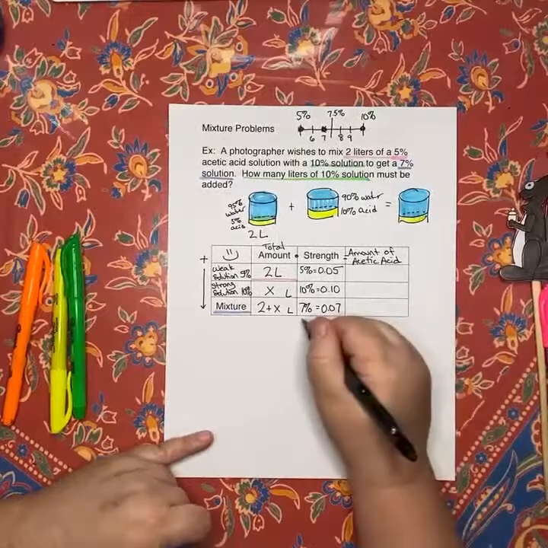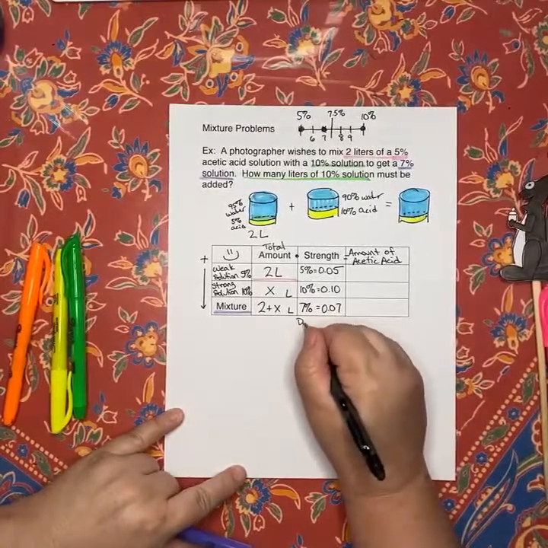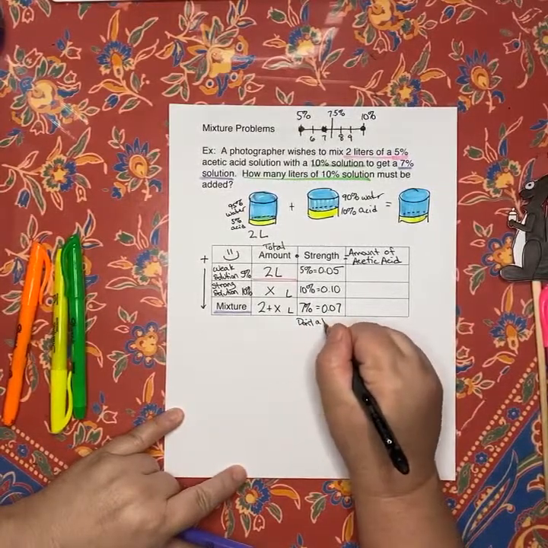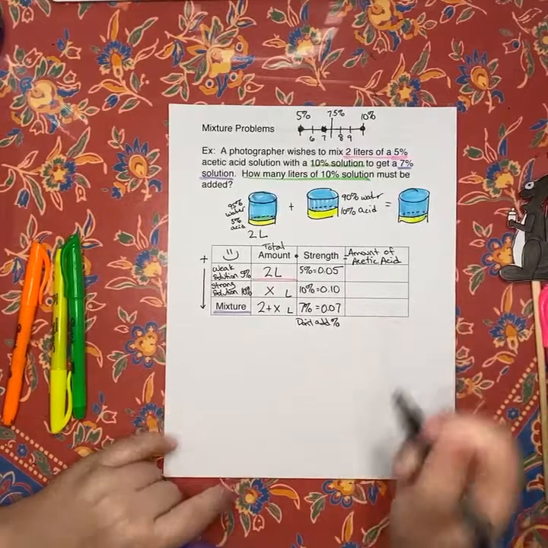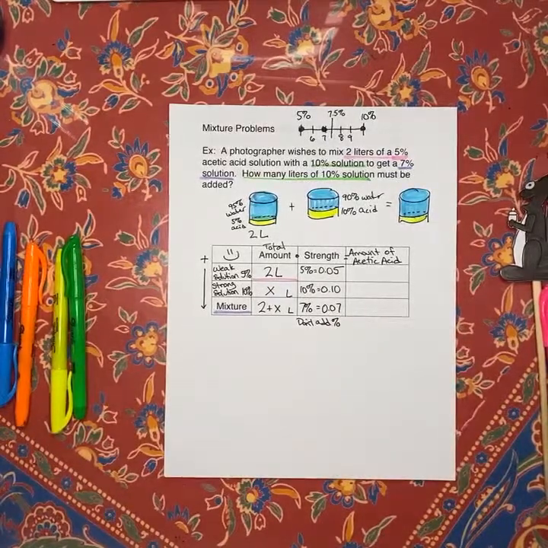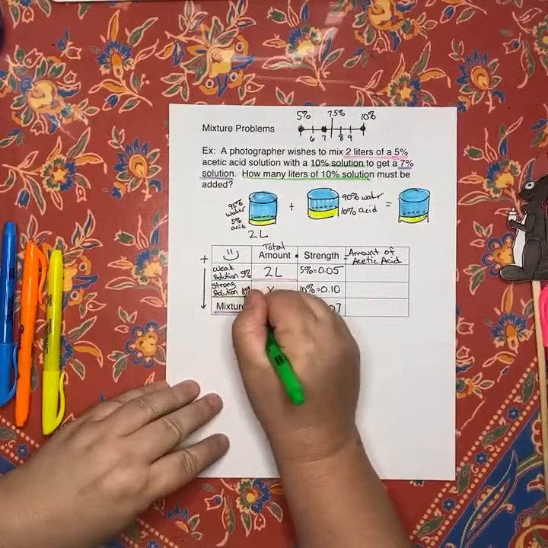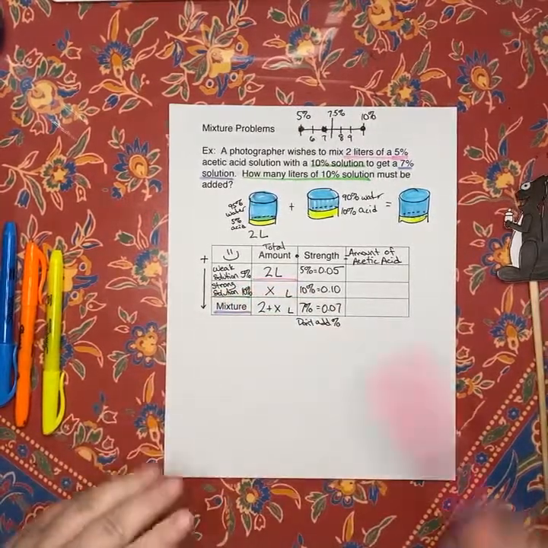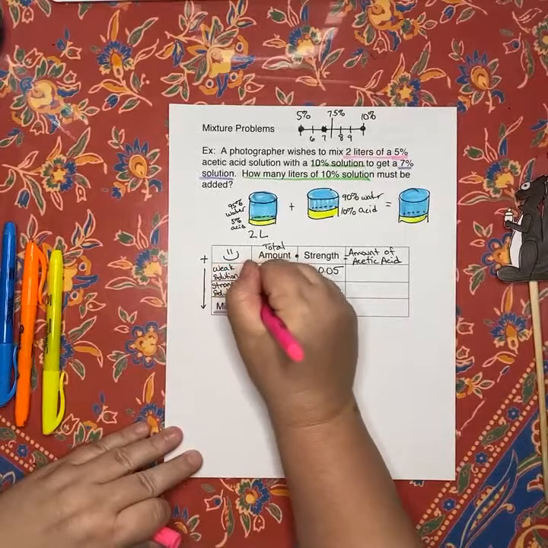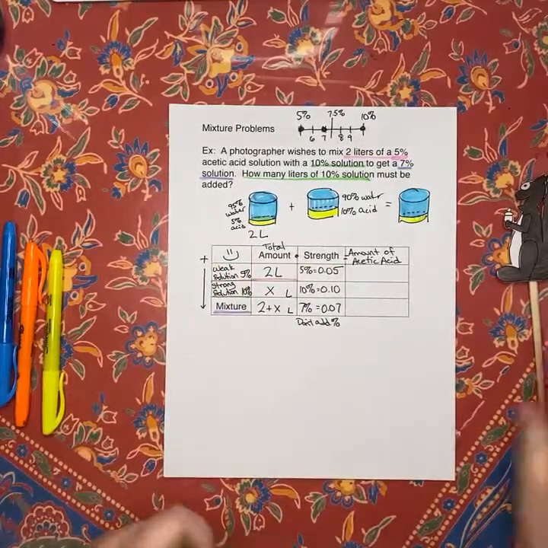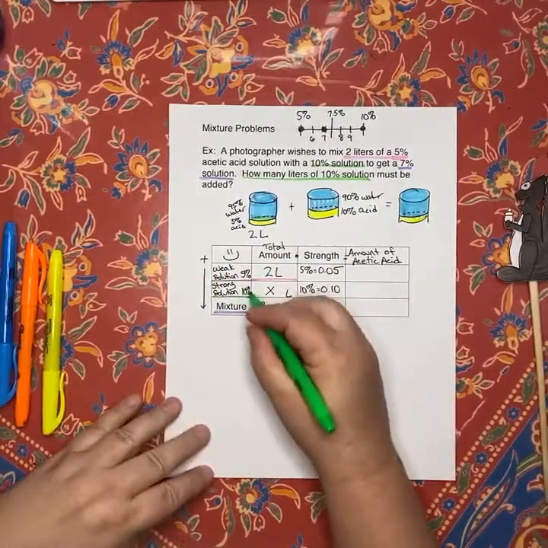Notice that you don't add percentages. And then what was the other color? Green. That's this one, the strong solution. And this one is the weak solution. Okay, let's get this all color coded.